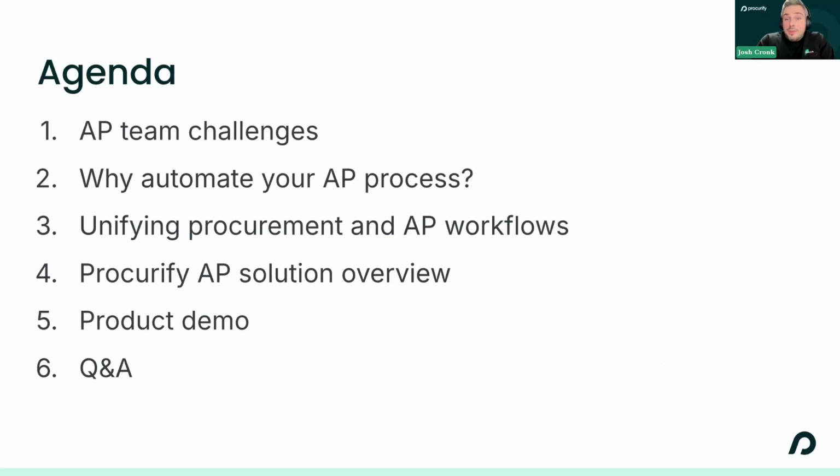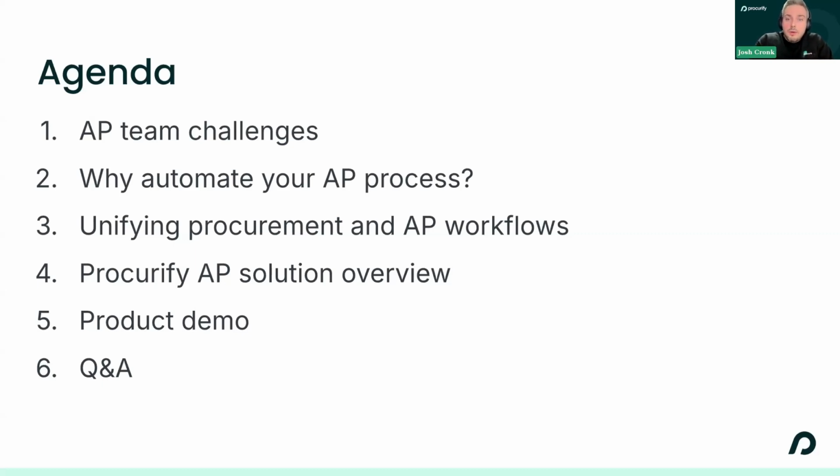So what will we be discussing today? Well, we're going to start off by level setting on where AP teams focus and the challenges that they face. We'll then go into talking about the promise of leveraging automation to improve your AP processes. She's going to share our point of view on why a big part of being able to automate AP is by unifying procurement and AP workflows.